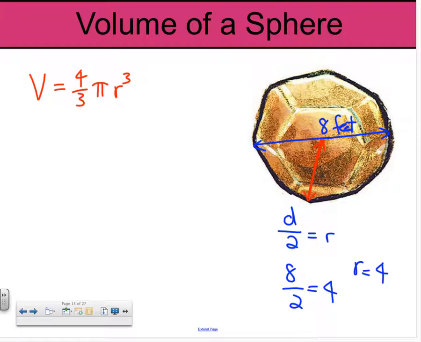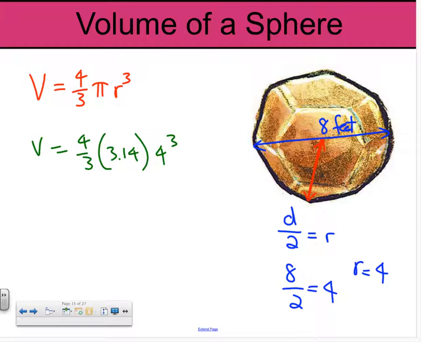Now I can start work on the formula. I have volume equals 4/3 times pi times 4 cubed. And then it's simply a matter of multiplying all those together. Now, I would suggest that you make sure that you take care of the 4 cubed, because that is often a problem that many people come across, making sure they do that one correctly.